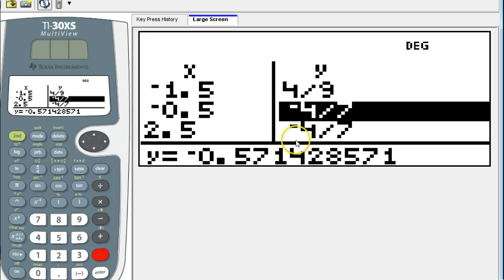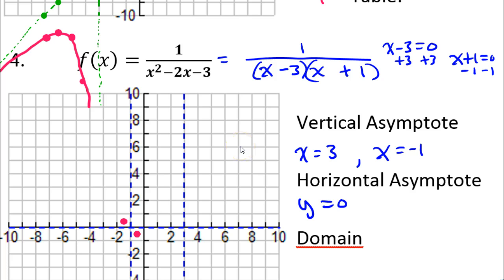At 2.5, I've got the same thing. Okay, so 2.5 would be right here, and it's going to also be negative 0.6. So about there. Okay, I also want to find out what's happening at 3.5, all right? Just a decimal to the right.